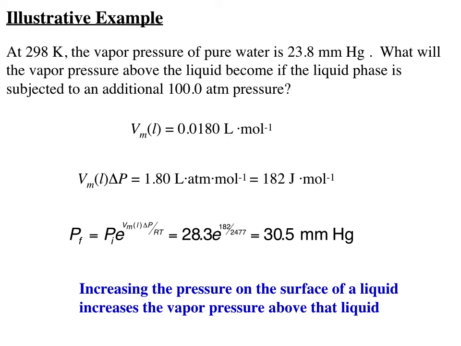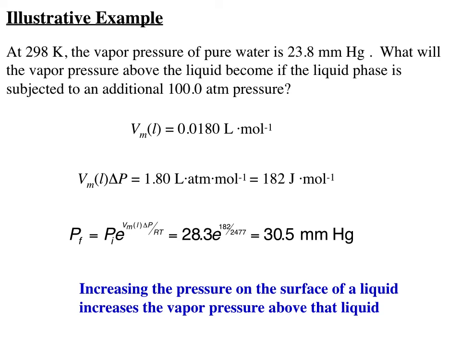So what do I get for Vm of the liquid? It's the molar volume of the liquid. Now, where did I come up with this number? Well, remember that 1 mole of water occupies 18 milliliters. How do I know that? Because the density of pure water is 1 gram per milliliter.